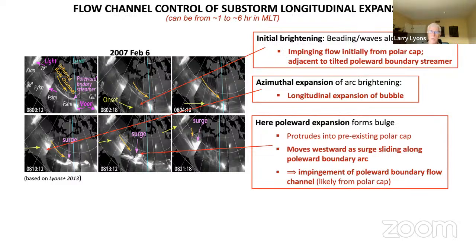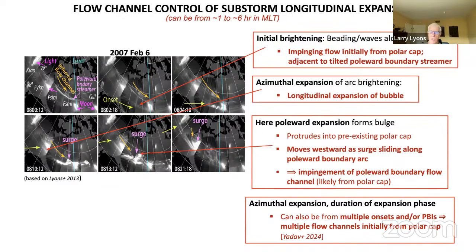That's one of the reasons why flow channels from the polar cap lead to the azimuthal development of substorms. But there also can be multiple onsets and multiple PBIs and streamers, which indicate multiple flow channels initially from the polar cap, but more of a north-south orientation, as Sneha Yadav has been recently talking about.